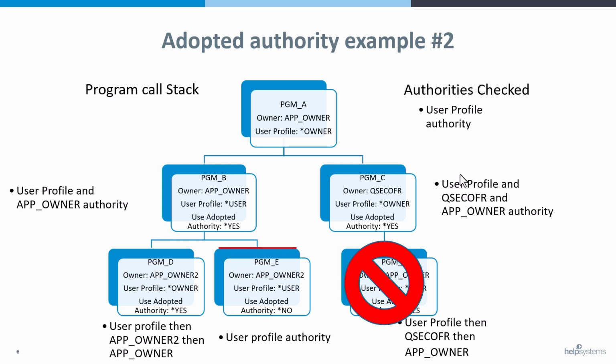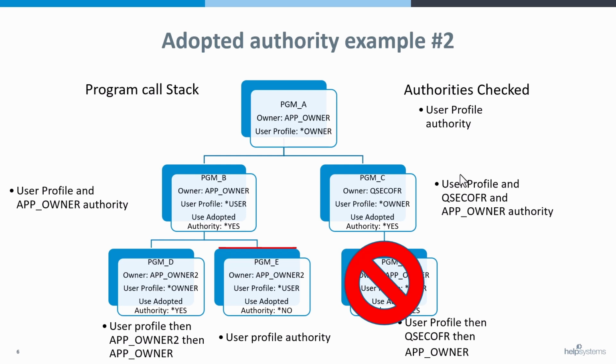This can allow exploits of our data, access to options that aren't intended, and expose a command line to an administrative level user profile. So when you're doing a remediation, when you're evaluating the authority of your objects and your programs, and you're looking at adopted authority as a solution, it absolutely is a fantastic way to move forward.